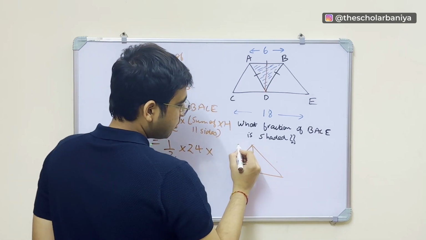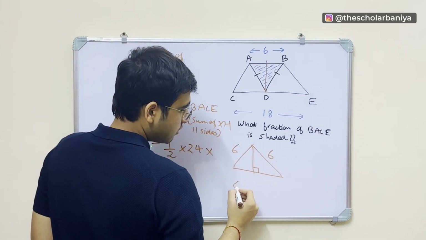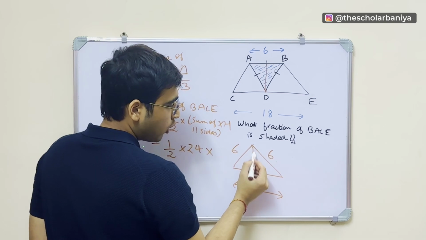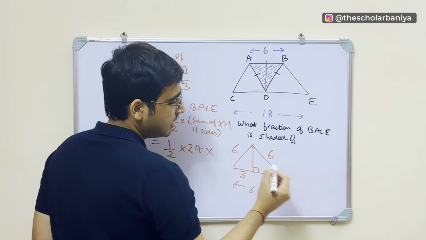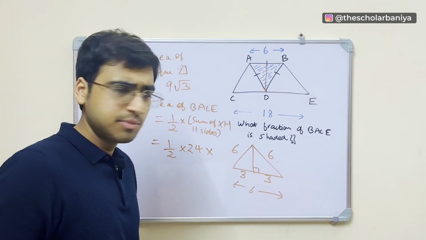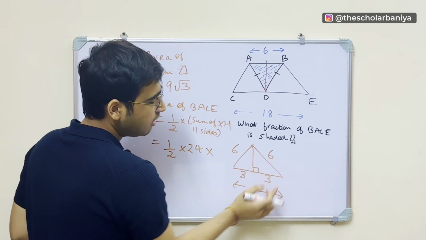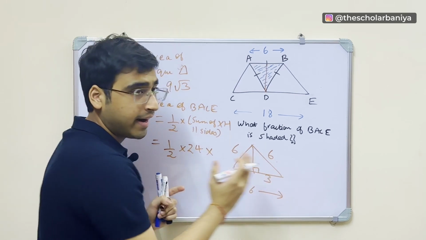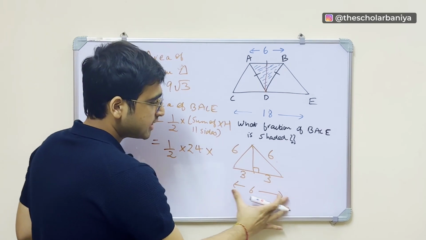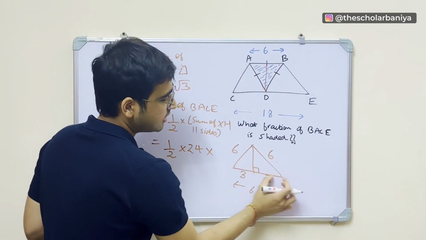This was 6, this was 6, this was 6, right? So when we drop a perpendicular, this becomes 3, 3. I hope all of this is pretty basic. So when we drop a perpendicular in an equilateral triangle, the side gets divided into two equal parts. So this was 6, this is 3, this is 3.